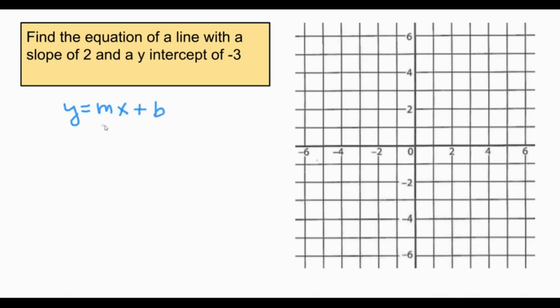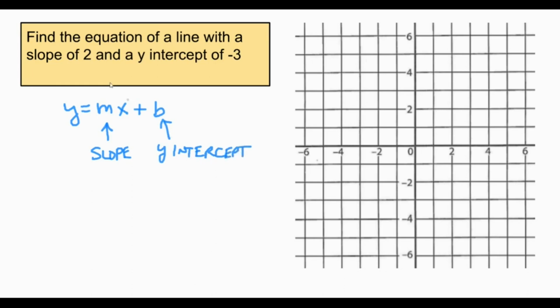So in this form, the number that's represented by m is the slope. The number being multiplied by x is the slope, and the number being added or subtracted at the end is the y-intercept.